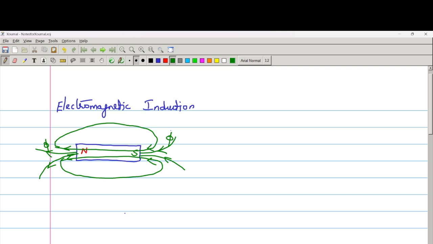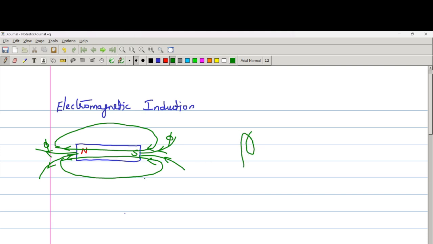So now assume that electromagnetism is also one of the important concepts. Here if you see this, we now have the winding.